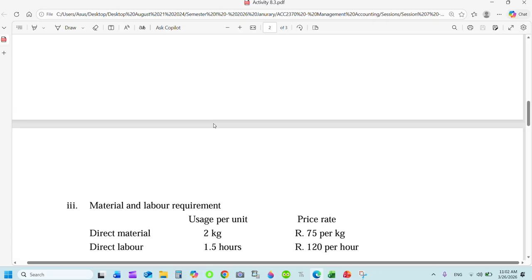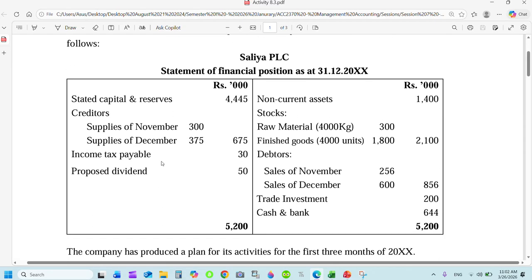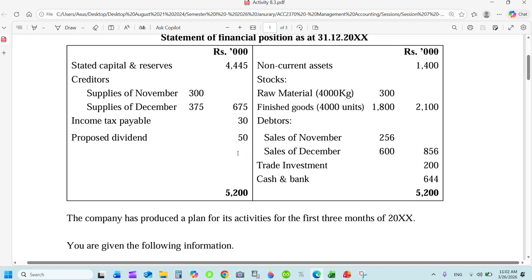If you look at my balance sheet, there must be income tax payable here, as at 31st December. This income tax will be paid in January, which is a month coming under your budgetary period. So when it comes to preparing the cash budget for January, February, and March, this amount will be paid in January, right?